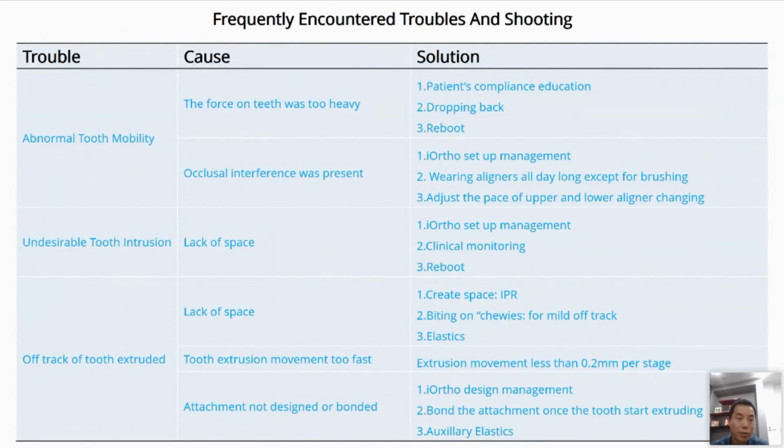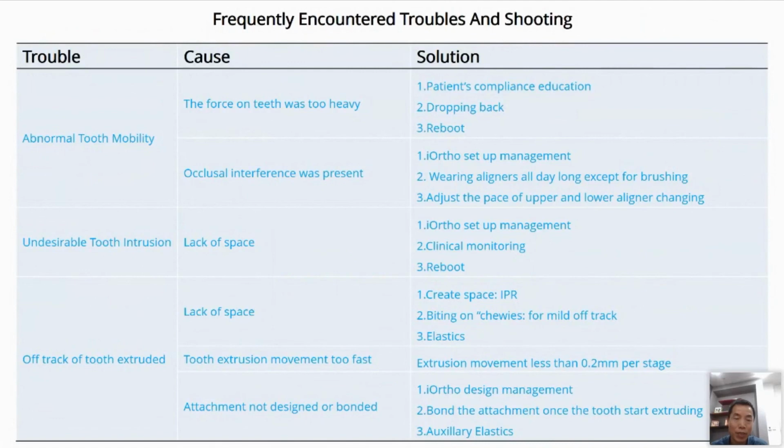The third trouble is the off-track of tooth extrusion. The cause is lack of space, or tooth extrusion movement too fast, or attachment not designed or bonded. How do we deal with this problem? For the lack of space, we can create space with IPR, and biting on a chewie for a mild off-track case.